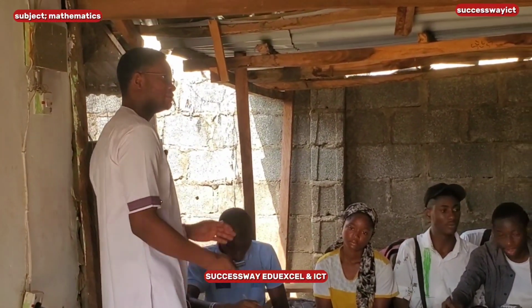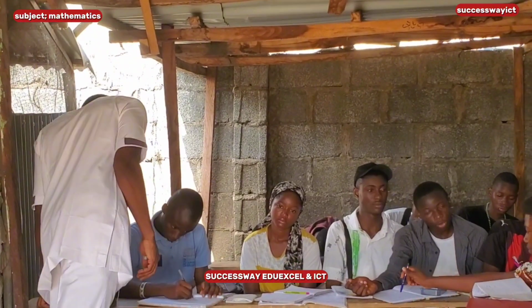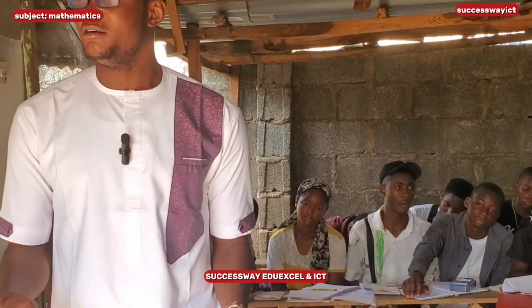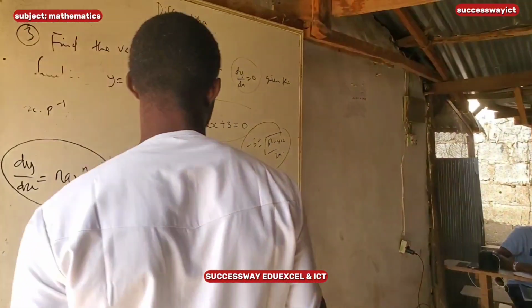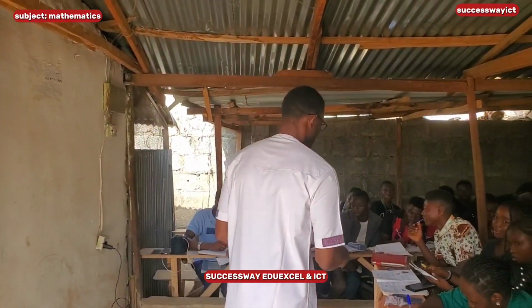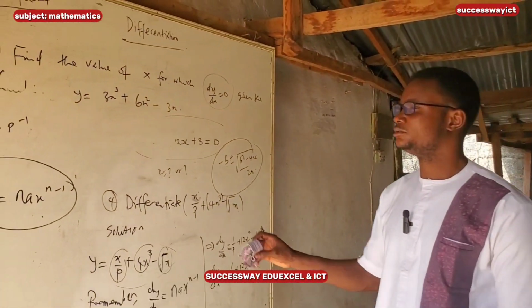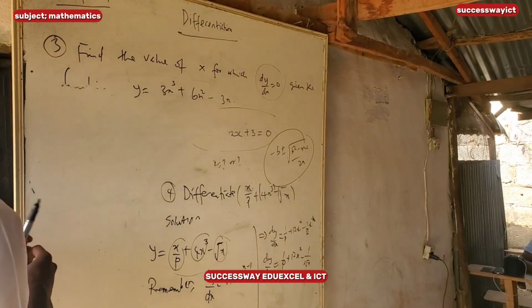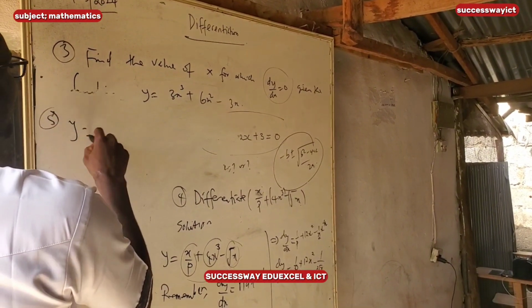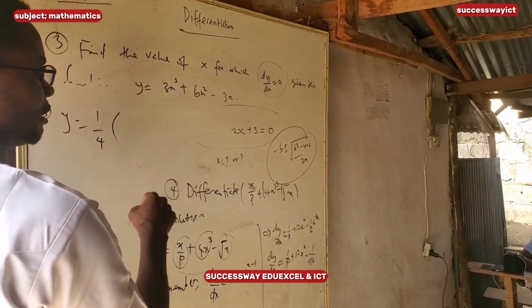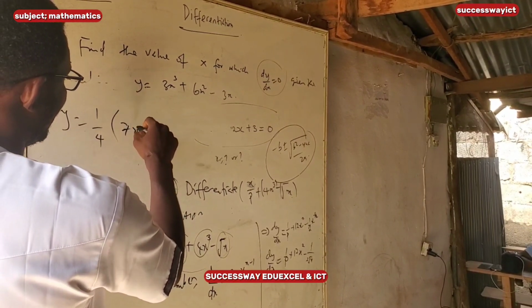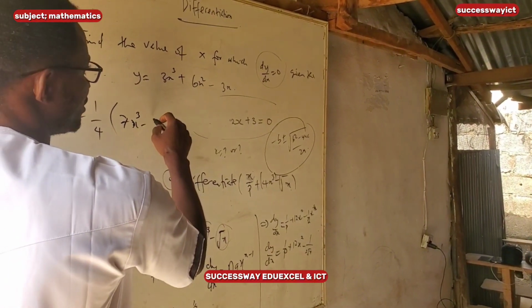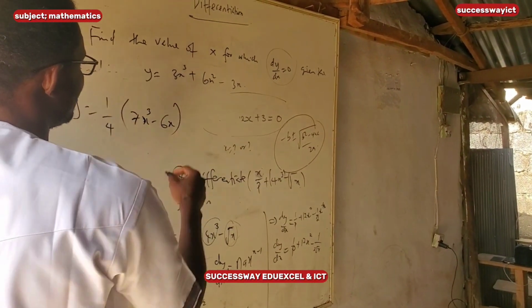Find dy/dx of the function y equals 1 over 4 raised to the power of 7x to the power 3 minus 6x.